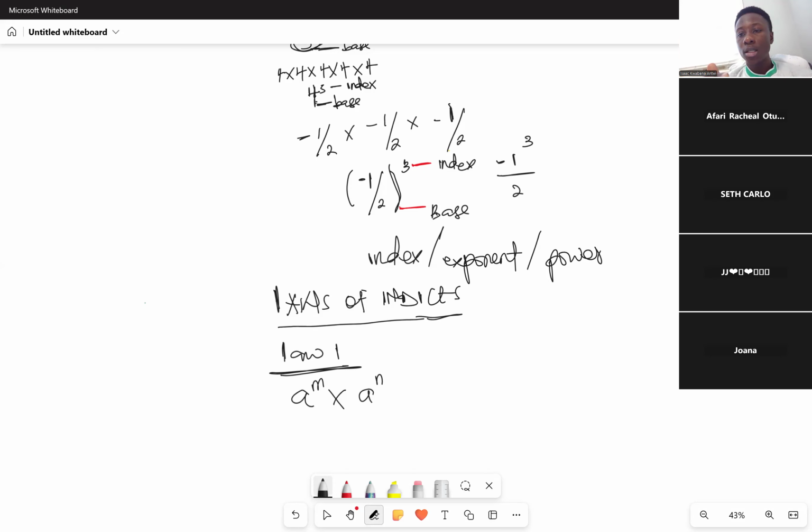I did not limit myself. Where I threw emphasis is on same terms at the base. The exponent could be the same or different. It doesn't matter. So when you have a term multiplying the same term, you pick one term because they are the same, then since they are multiplying, you add the powers. So the power is going to be m plus n.